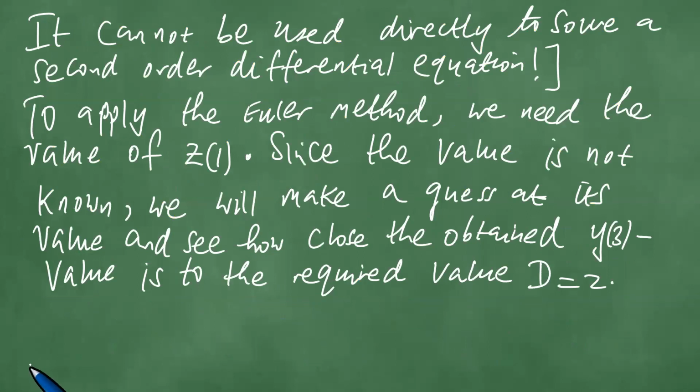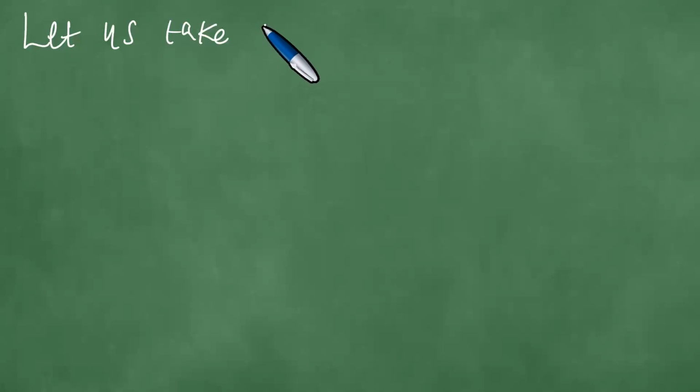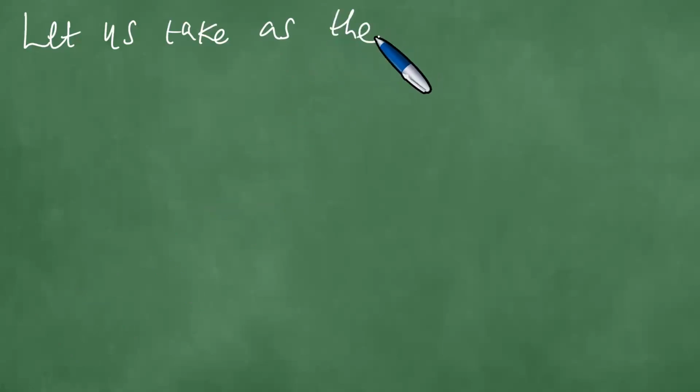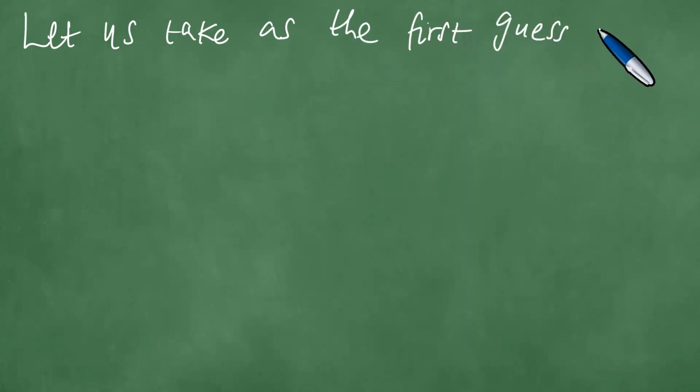All right, so we start as follows. Let us take the first guess, we call it guess 1. We suppose that this guess 1 is 0.